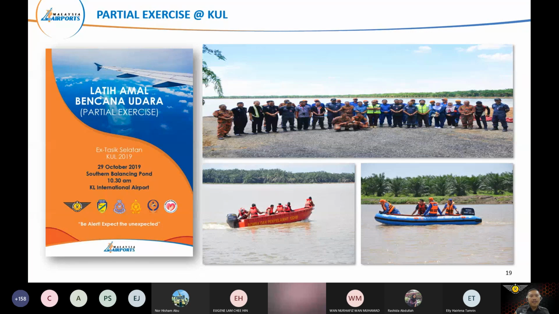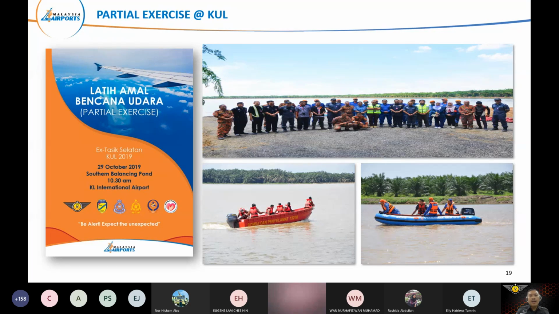One example of partial exercise: we conducted a partial exercise at our area of responsibility. We have 2 balancing points. So since we don't have adequate boats at AFRS, we tested the response and assets that belong to our external agencies.